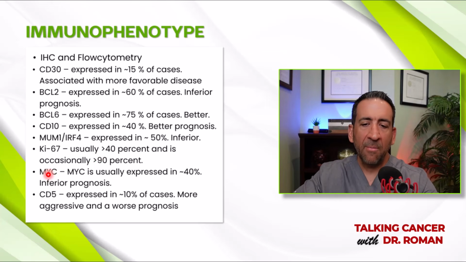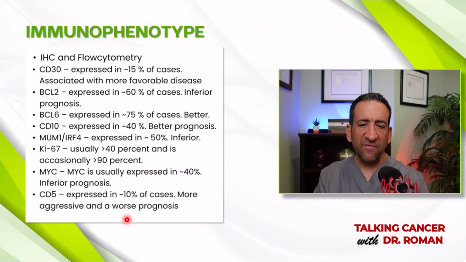MYC is another one, and it is expressed in about 40% of diffuse large B-cell lymphoma cases. And if you have it, that's inferior. And CD5 is another one. It's expressed in about 10% of cases. And if you have it, it's associated with more aggressive disease and a worse prognosis.